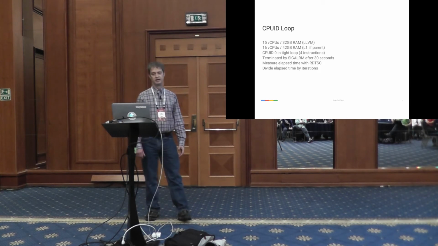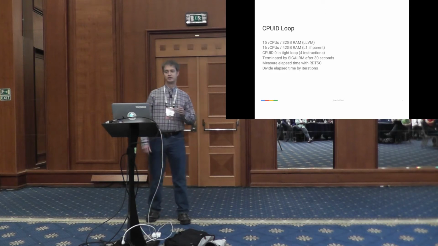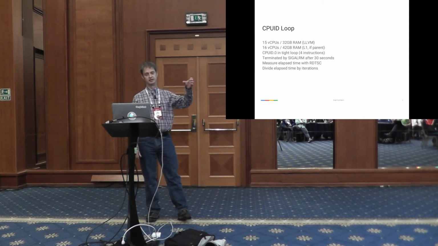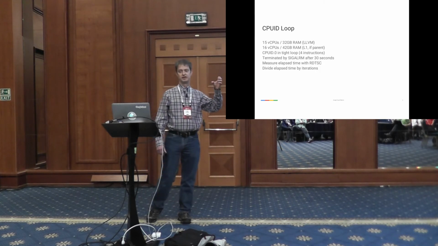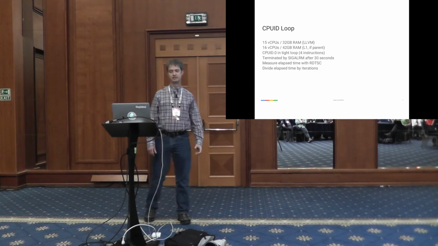The test environment that I've got described here, LLVM in this case is not a compiler, it's the lowest level VM. So when I do my L1 benchmarking, I'm talking about the lowest level VM being L1, and then when I do L2, the lowest level VM is L2. So I give the same amount of memory and the same count of CPUs at the terminal level of the test.